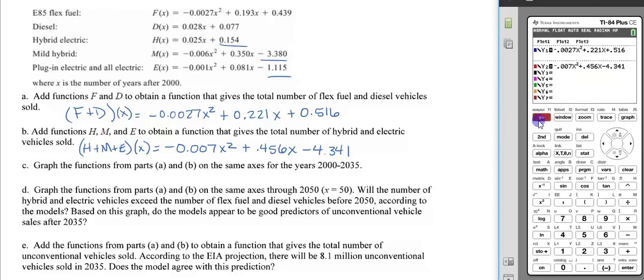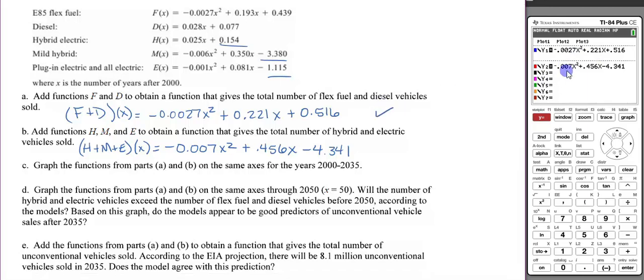If you go back to our functions, this one is in blue, and this one that's in red is the function from part B.